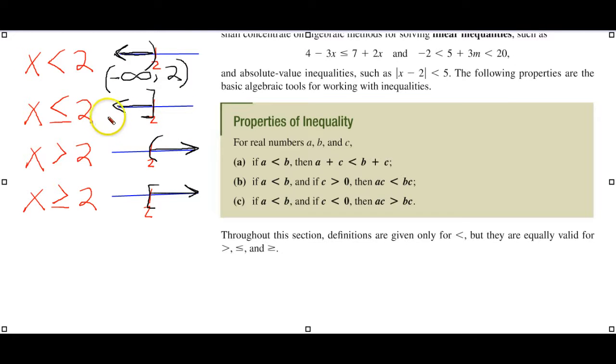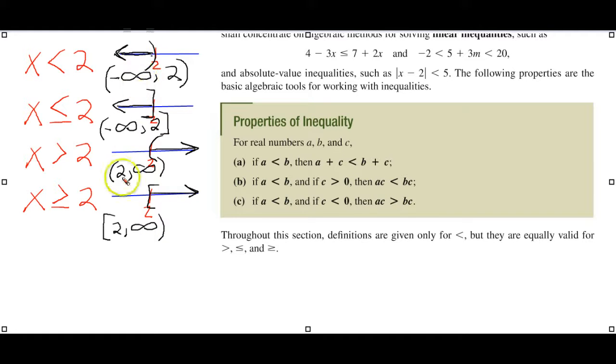Here we're going to use from negative infinity going up to 2, and 2 is included now, so we use a bracket. And for this one, it's coming from 2, but 2 is not included, and going to infinity. And infinity always ends or begins with a parenthesis. And here we'll use a bracket going to infinity.